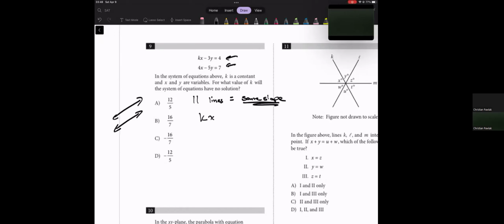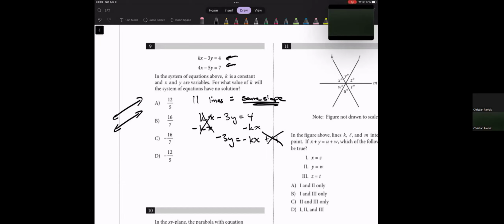So if I take kx minus 3y equals 4, I'm going to subtract kx because I'm trying to solve for y again. And again, I don't care about this plus 4. Sorry, that should be a kx, not a 3x.